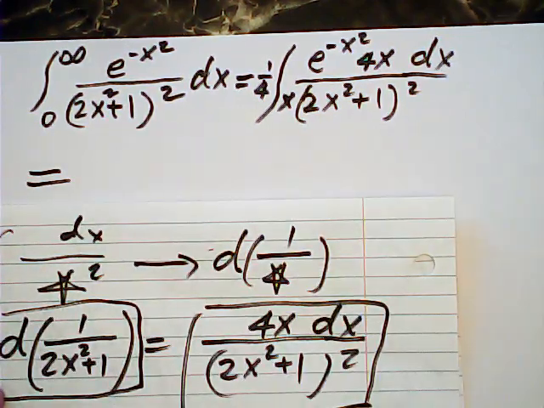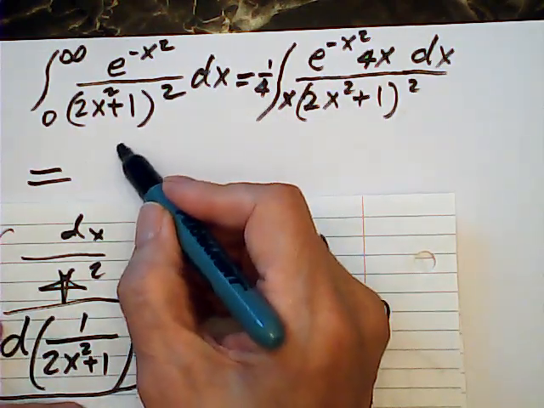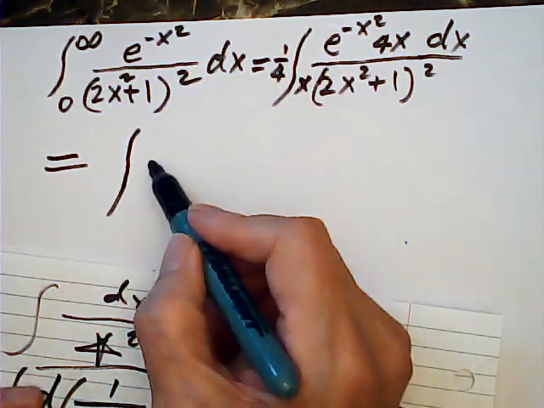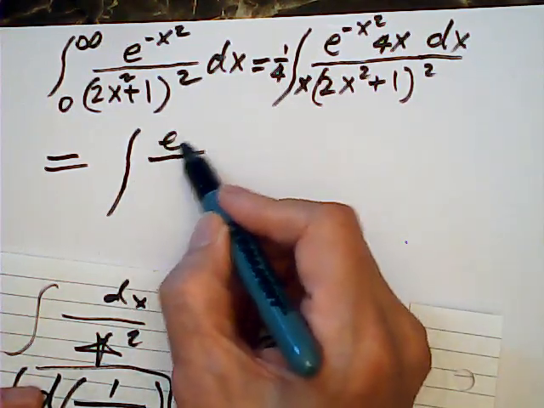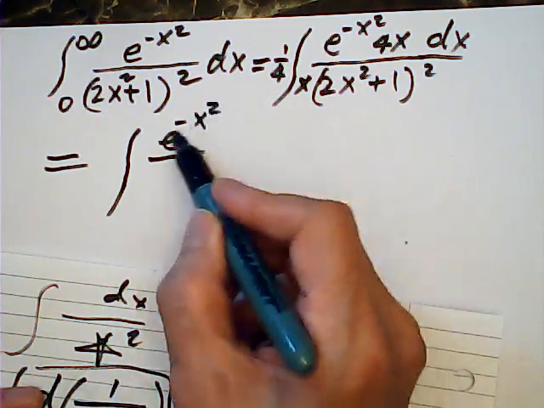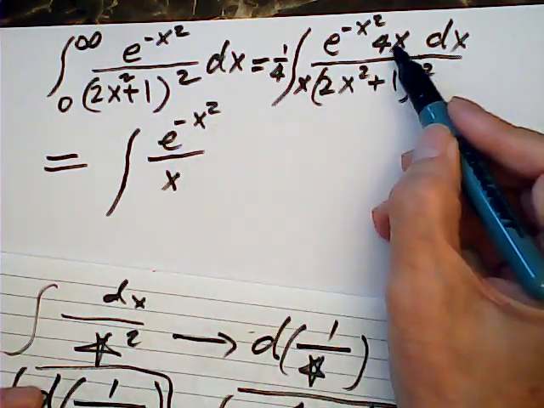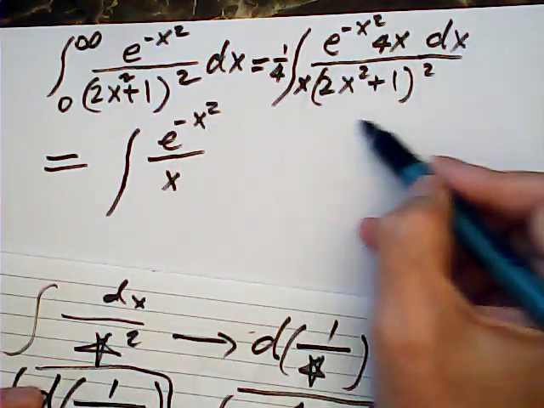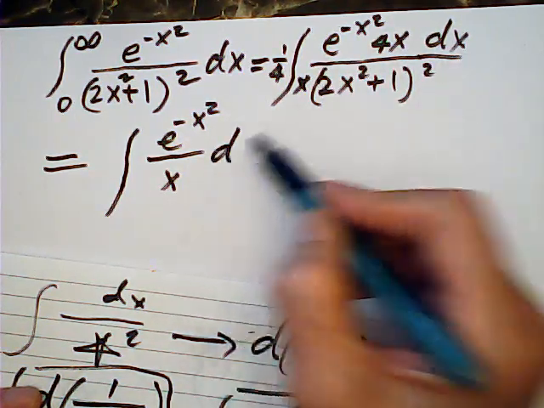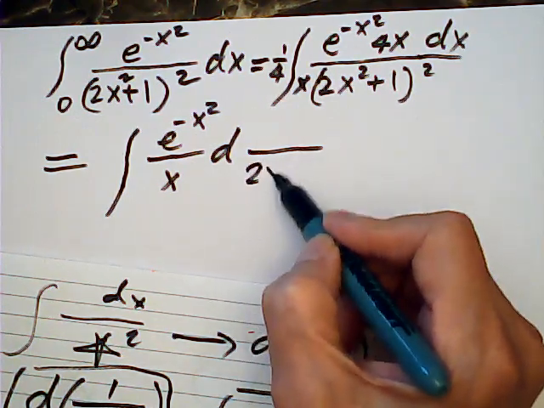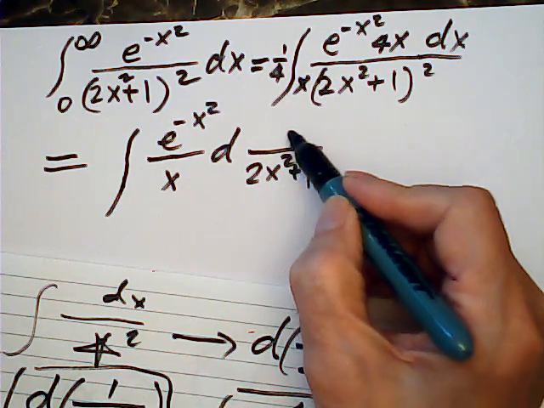Then this is equal to the integral of e to the negative x squared. That is this here. This becomes the derivative of 2x squared plus 1.